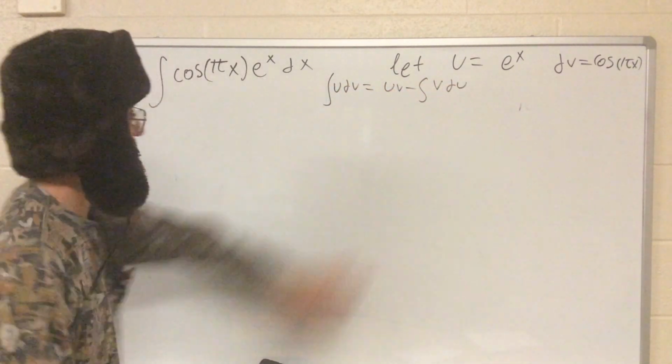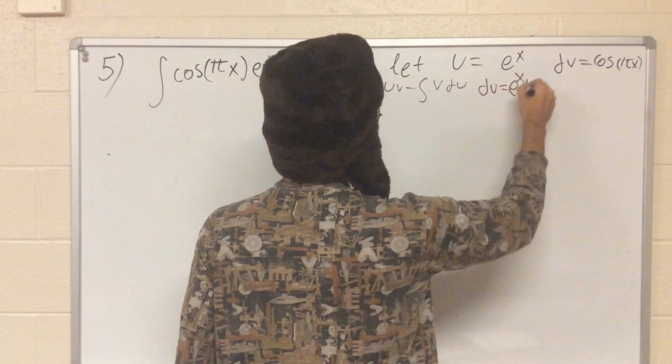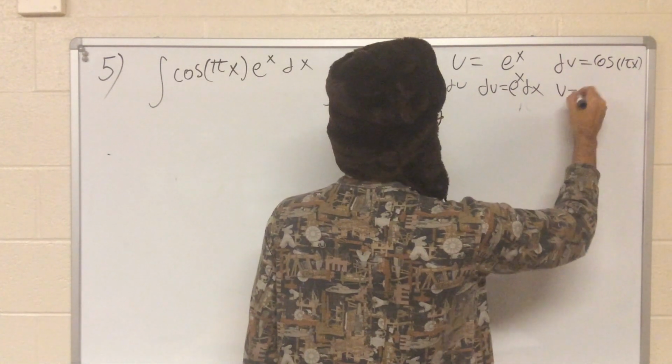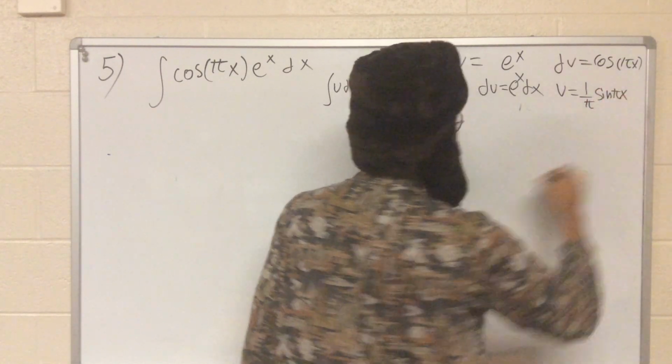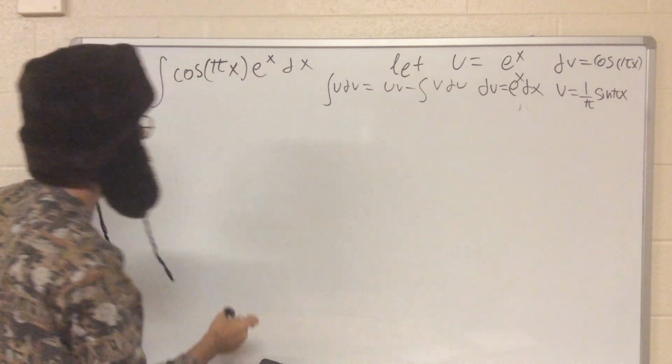So let's find out what du is. du in this case is just e to the x dx, and then v equals 1 over pi sine of pi x.